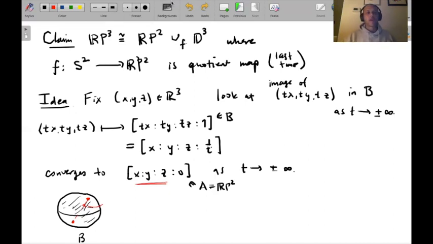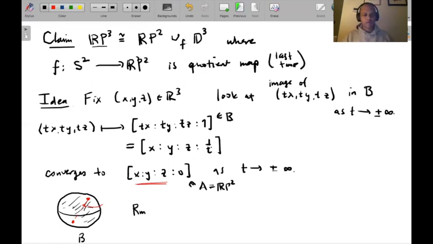Let me point out that this description of the three-dimensional projective space as a quotient of a ball modulo antipodal points on the boundary is entirely analogous to what we saw for the projective plane last time.